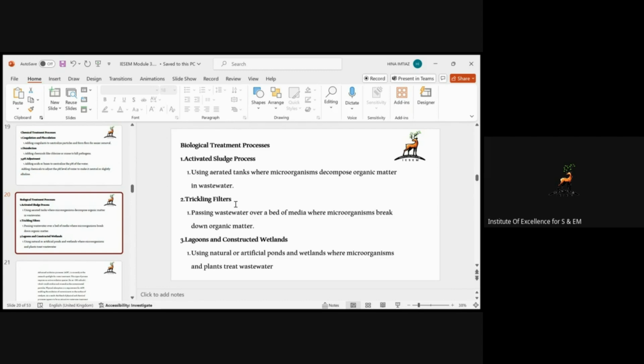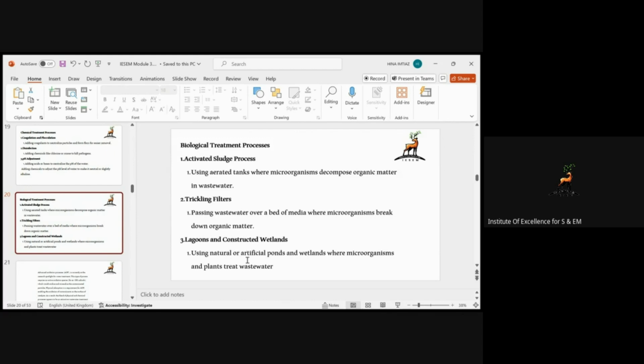So the trickling filter is a very effective strategy to remove the contaminants, to remove the toxic matter in the wastewater. The third one is the lagoon and constructed wetlands.